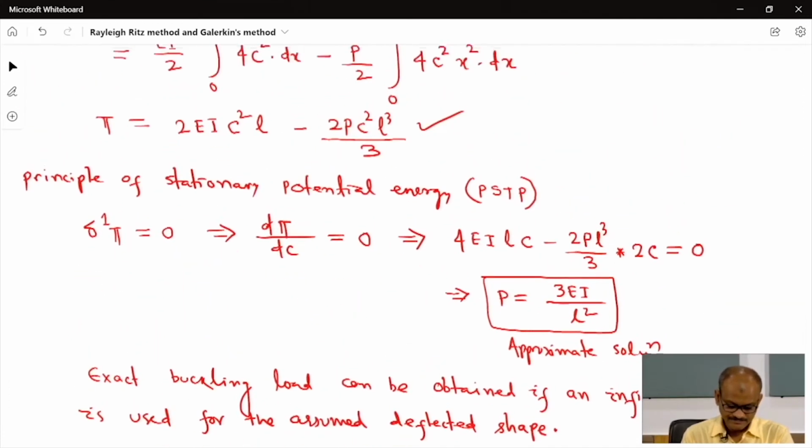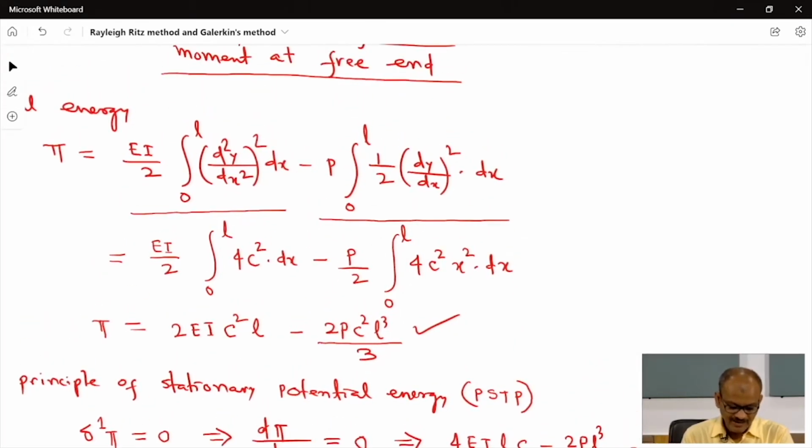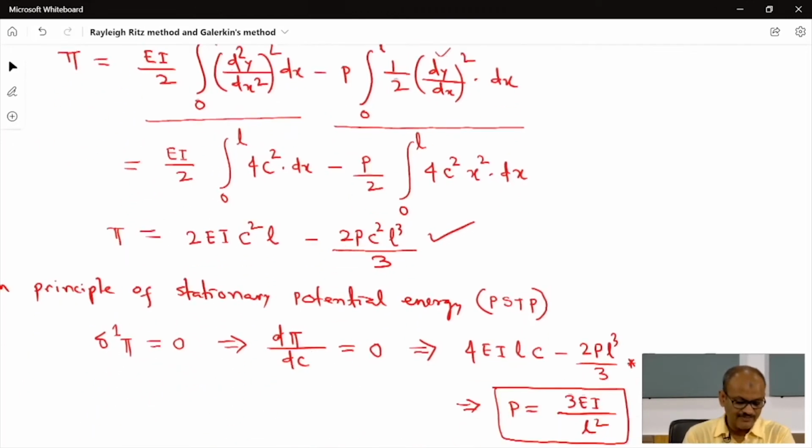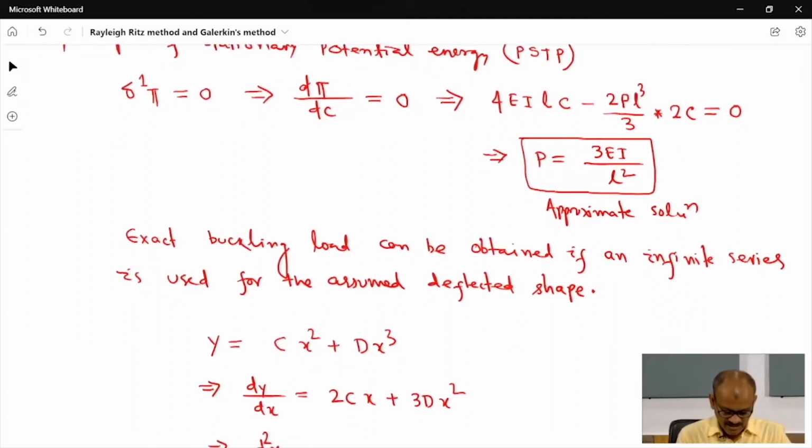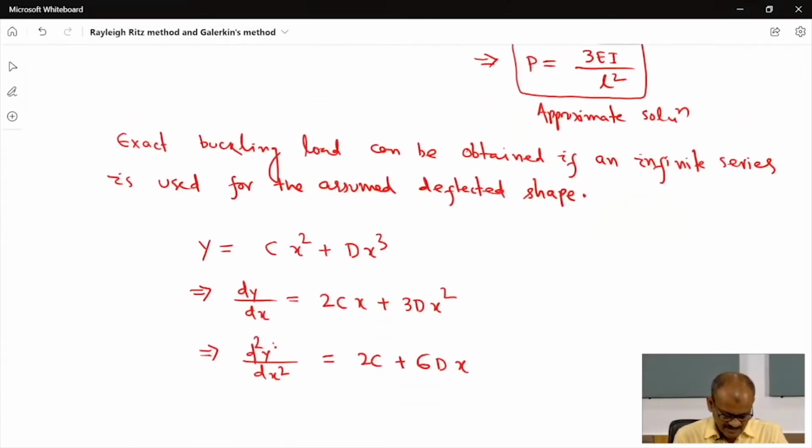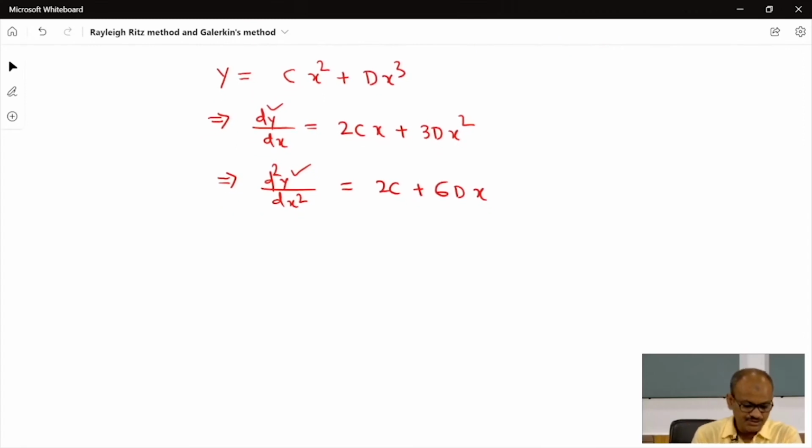Here you will have to use d square y by dx square as well as dy by dx for finding the total potential energy. Because of that, we derived d square y by dx square and dy by dx. And if you substitute in the total potential energy expression, this is phi.